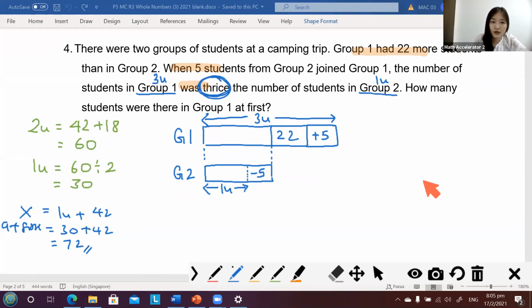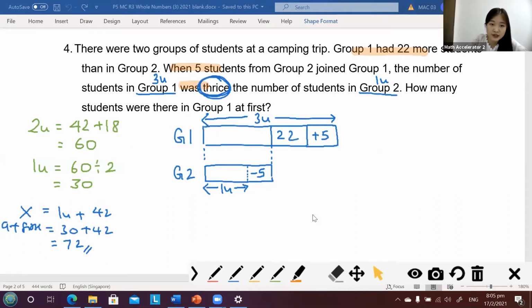So now, how many students were there in group 1 at first? I'm not going to write down the number of units yet. When you want to find out how many students is how many units, can you tell me, using the poll? What's the value of 2 units? If you're not sure, you can always look at your model, refer back to the previous questions.